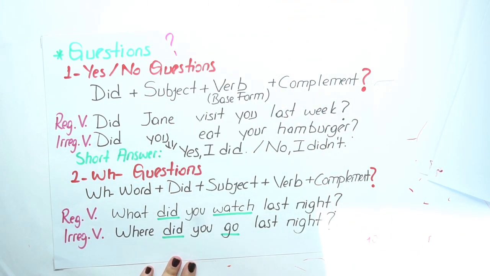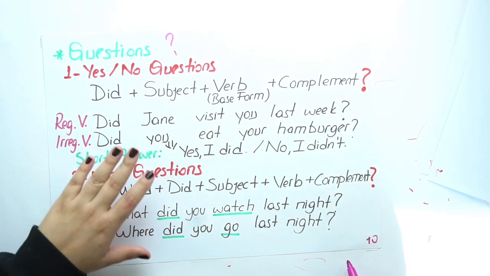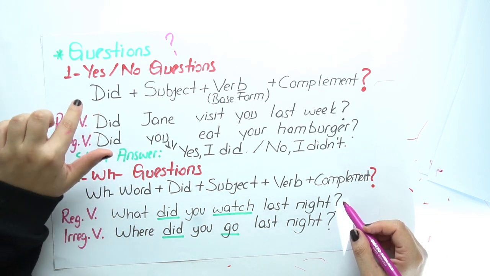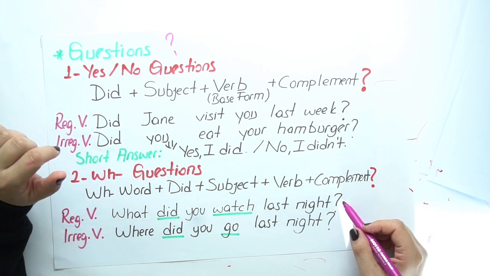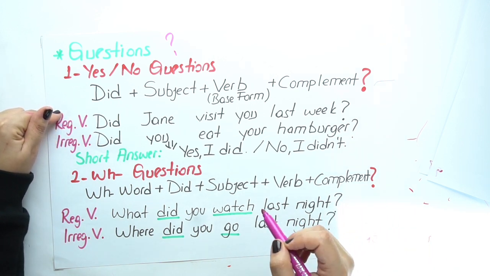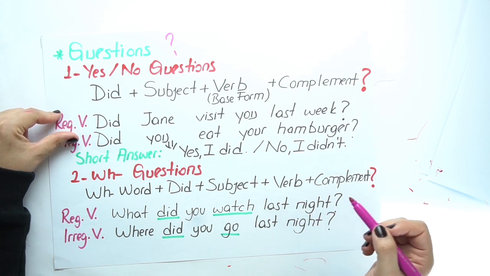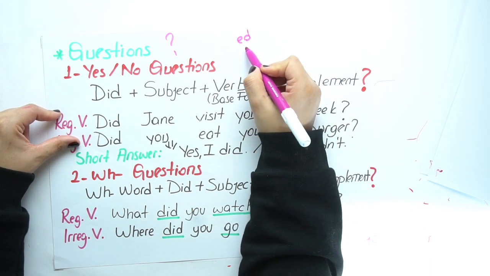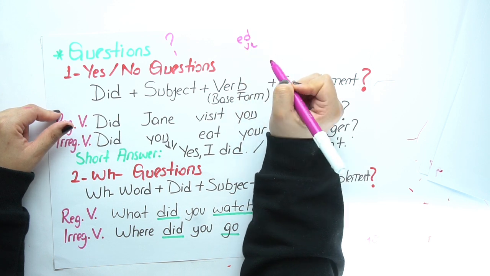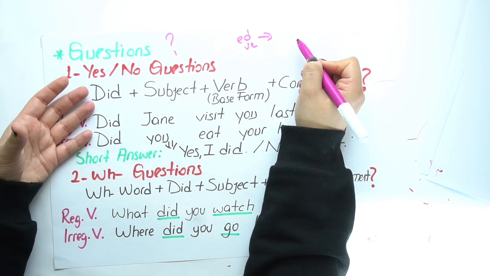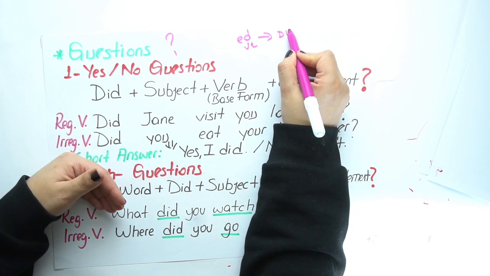Question forms. Let's look at yes/no questions at first. I will again have did here. Actually, I want to give you a clue. Remember what I told you at first. I told you that ed or irregular verb, verb 2, is a kind of sign for past, sign for did actually.